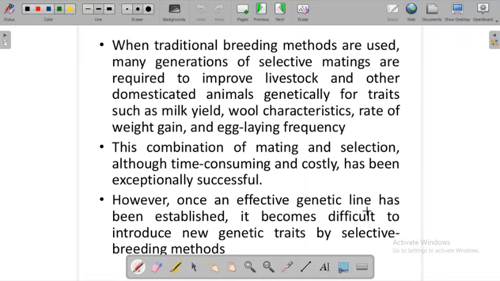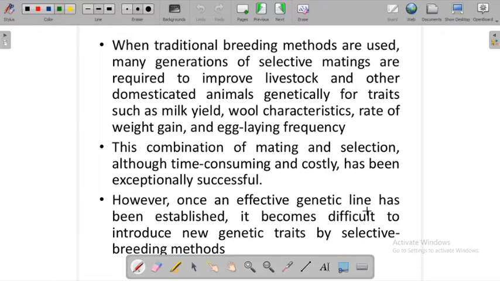If we see the traditional mechanisms, scientists and researchers were able to make animals more efficient for our livestock. These traditional breeding methods generally used selective breeds, selective organisms, right? And for many generations these selective matings are required to improve our livestock.